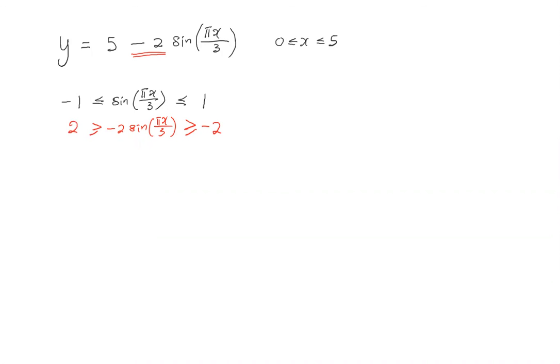So the next one will be plus 5. 7 and 3. So highest is 7, lowest is 3.